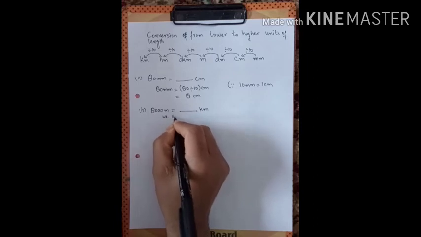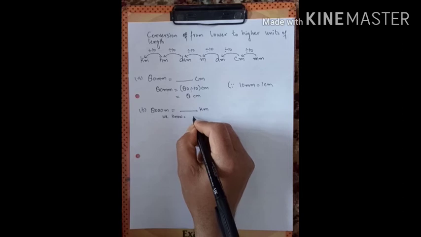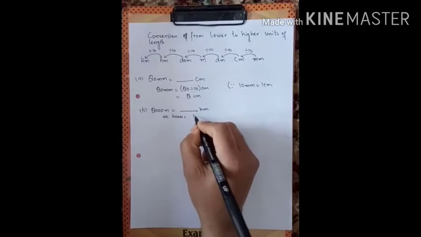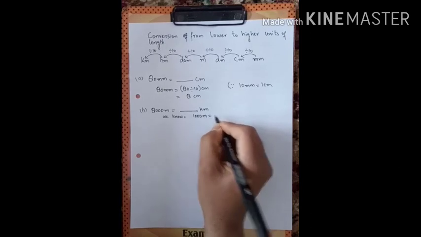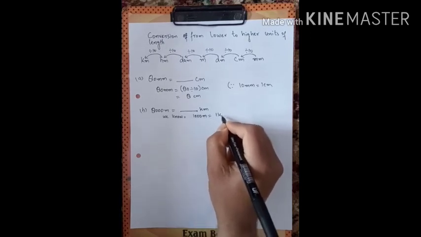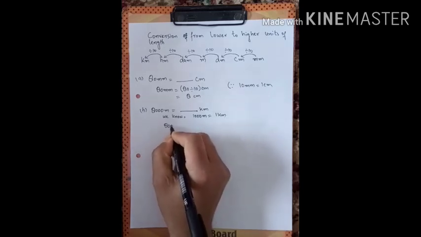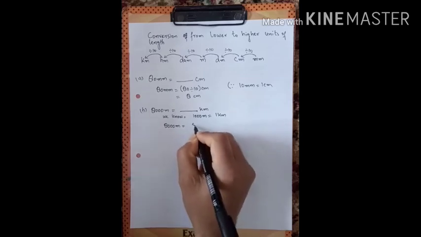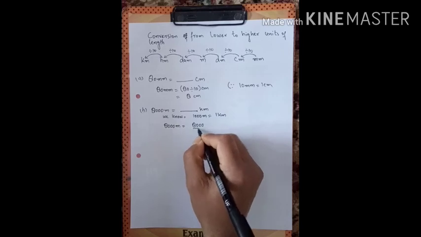We know for three steps we take 1000 meter is equal to 1 kilometer. So 8000 meter is equal to 8000 divided by 1000.